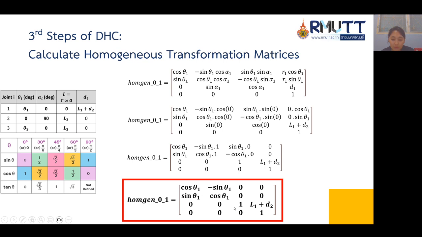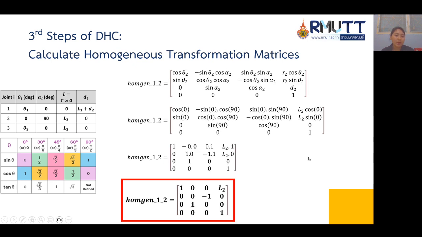And the third row is 0, 0, 1, and the fourth element of the third row is L1 plus D2. And the last row, from the first element until the fourth element, is 0, 0, 0, 1.